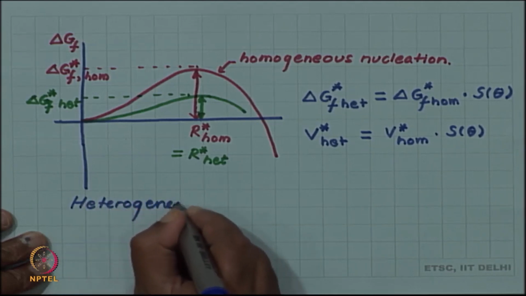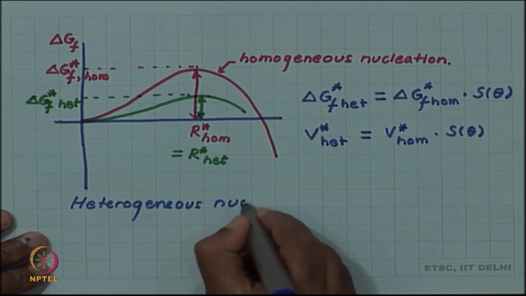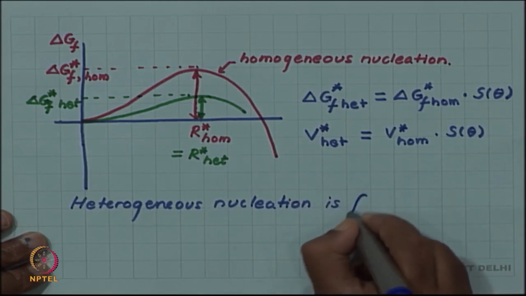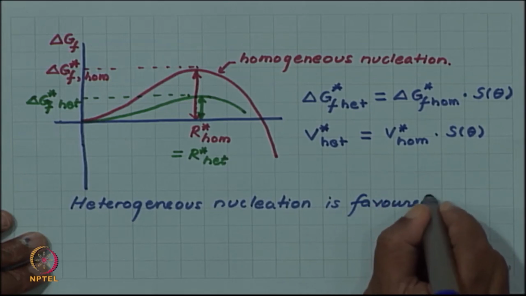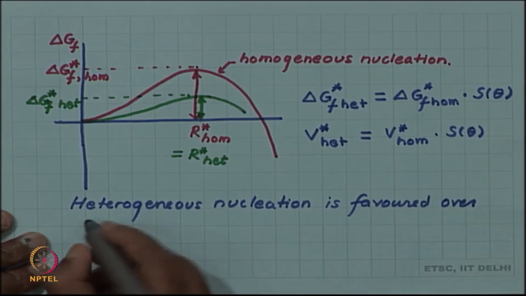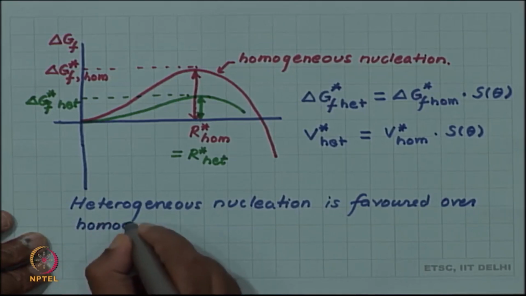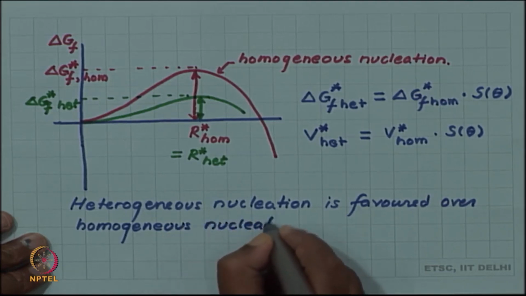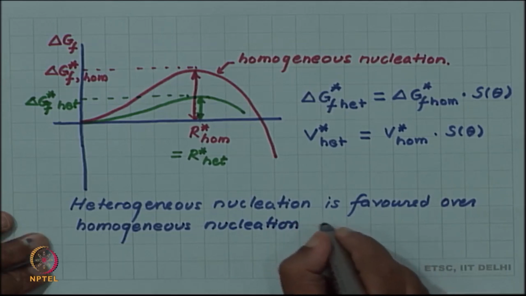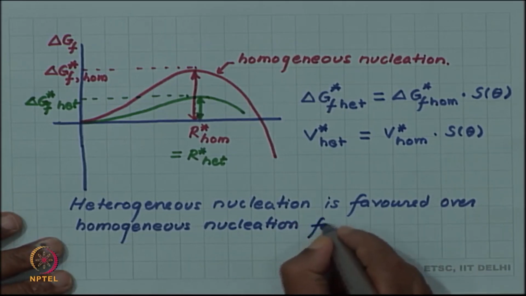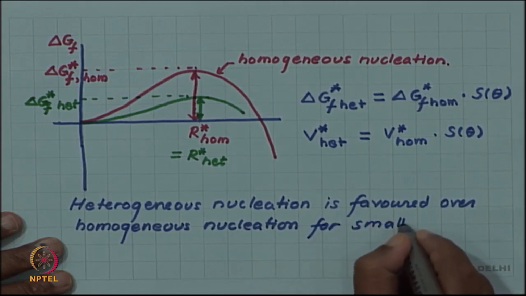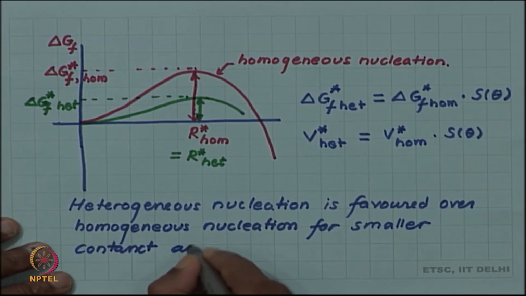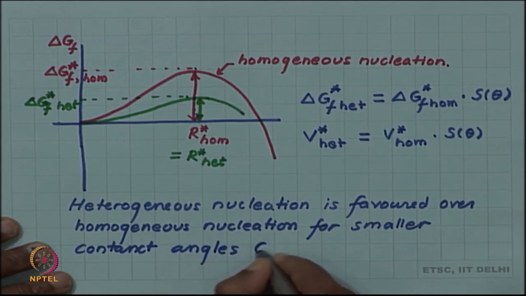So, heterogeneous nucleation is favored for smaller contact angles theta.